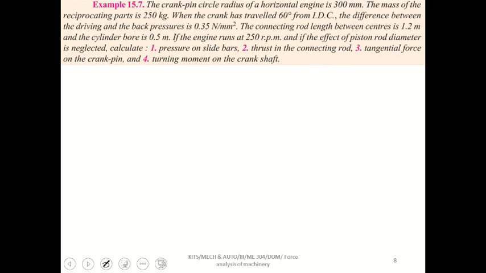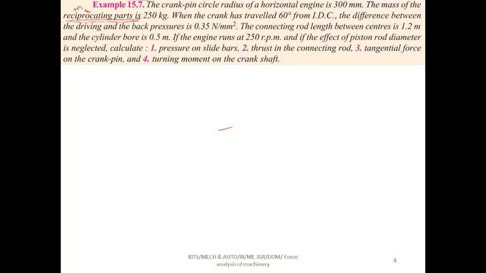They gave the mass of the piston, the m_r value, since they told the mass of the reciprocating parts.